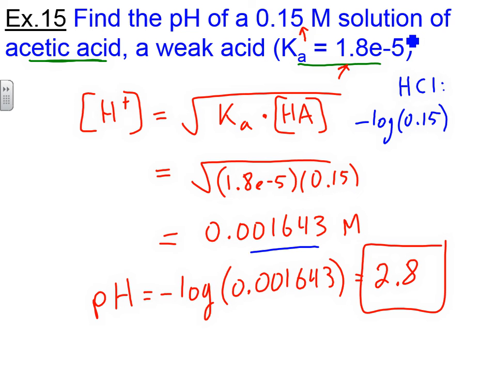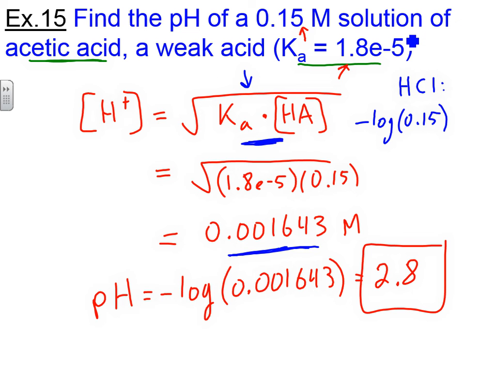So this equation actually solved for how much of the acid dissociated. It's nice and simple, pretty neat how simple it is, but only a small fraction of the 0.15 dissociated, about 1/100th of it. This is almost 0.0015, so about 100 times less dissociated.